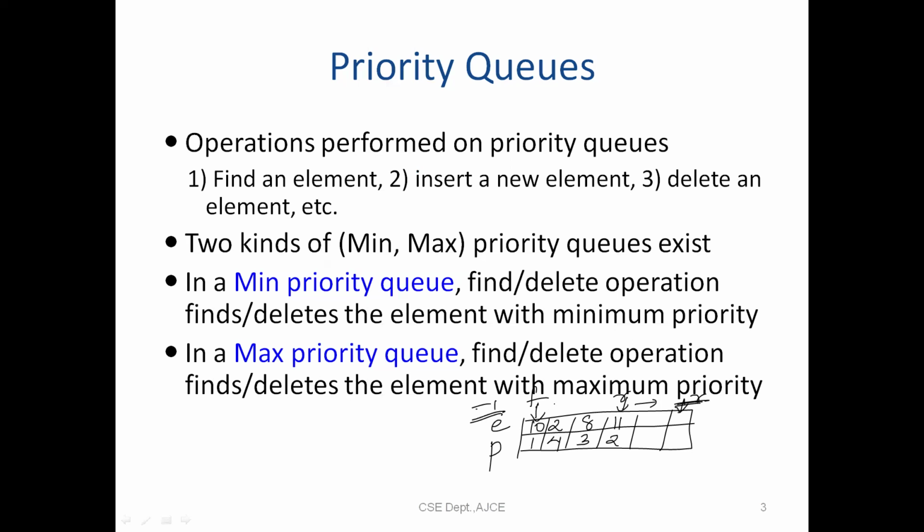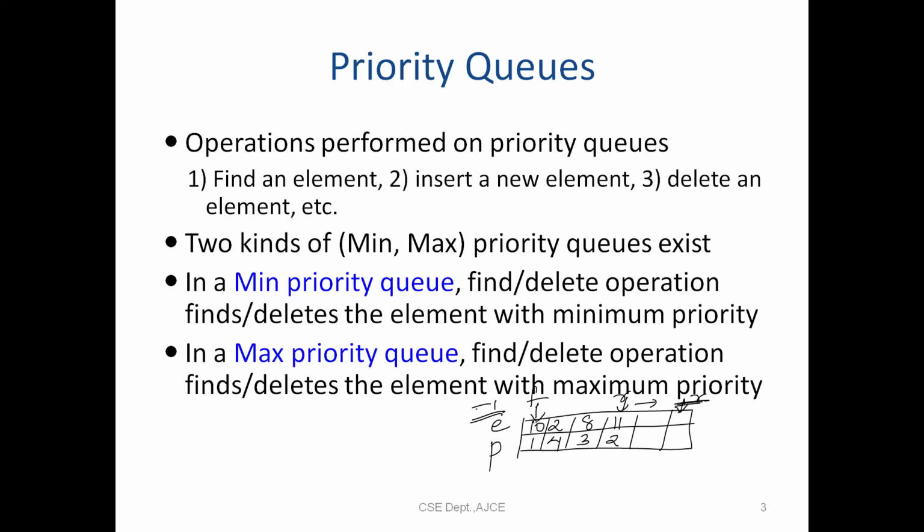When the first element is inserted, both of them will point to the first location. But later on, as the number of elements increases, the rear pointer will be incremented, and one by one, it will point to the location of whichever element was last inserted.